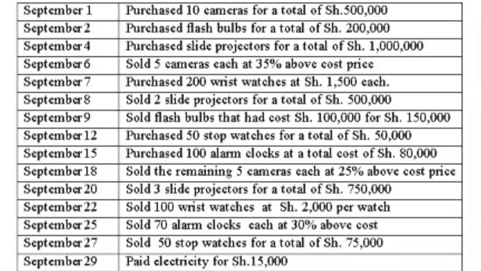We can indicate against the question that we spent 300,000 that day, inclusive of the VAT to our suppliers. Then on September 8th, sold 2 slide projectors for a total of 500,000. Sales are output VAT, so that will be output.